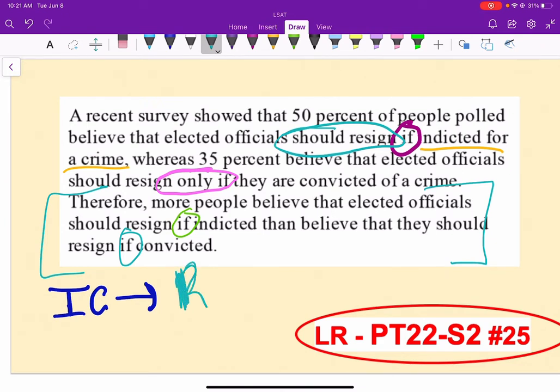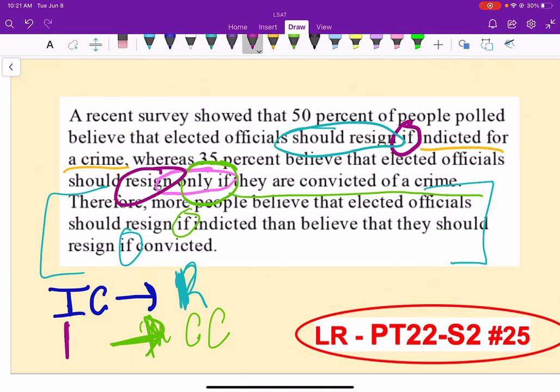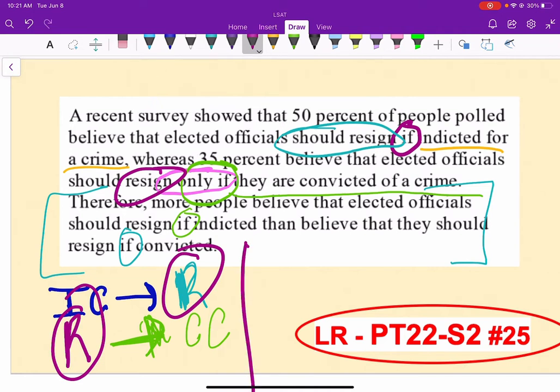And then remember, only if introduces necessary, and so that's going to go on the right side because it's our necessary condition. So only if directly follows it: is convicted of a crime. So I'm going to have convicted of a crime. And what is our sufficient then? Resign. Excellent. And so this ends up being a flaw question because you can see that resign is in different categories, but we will cover that later.